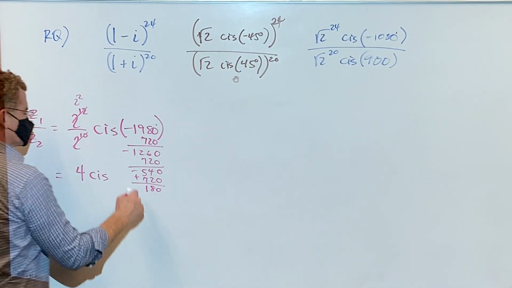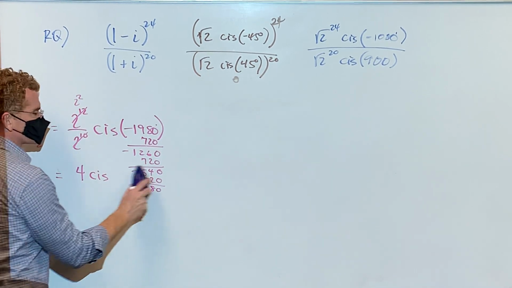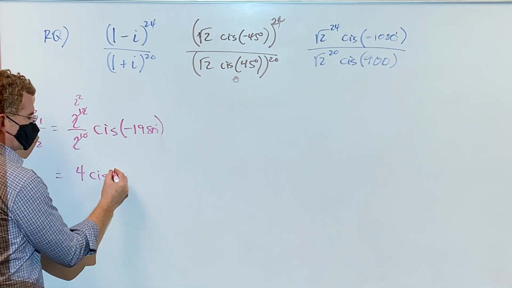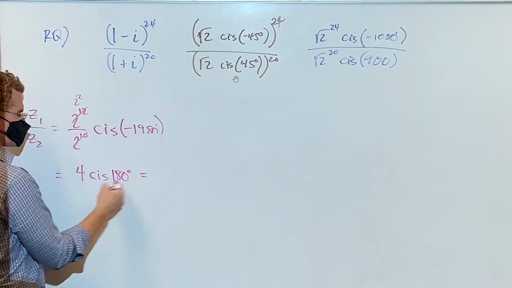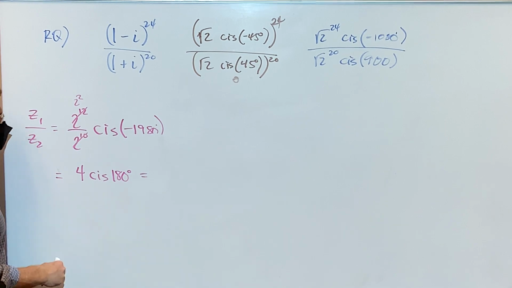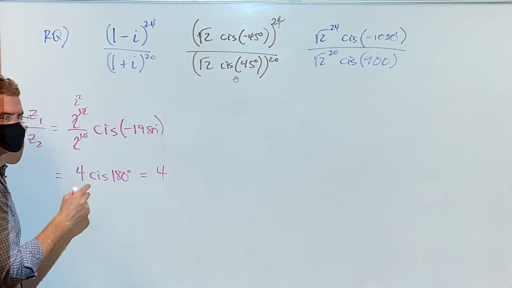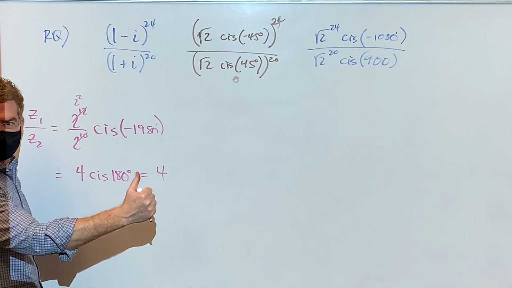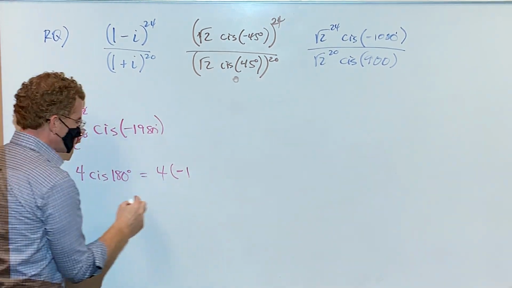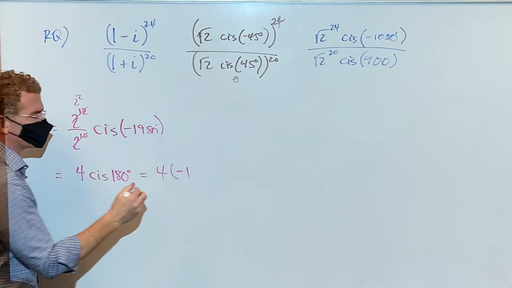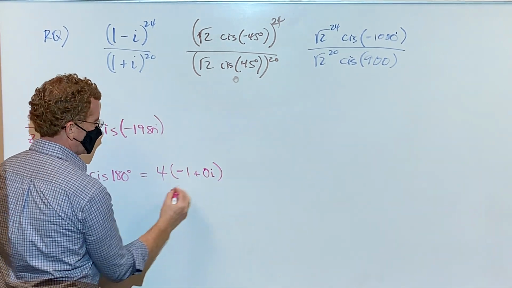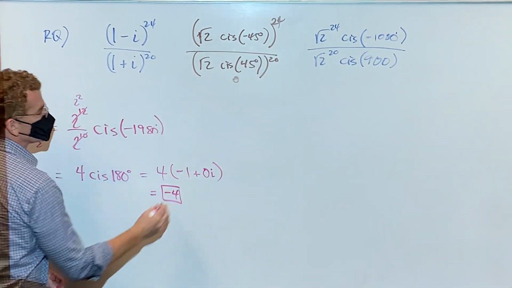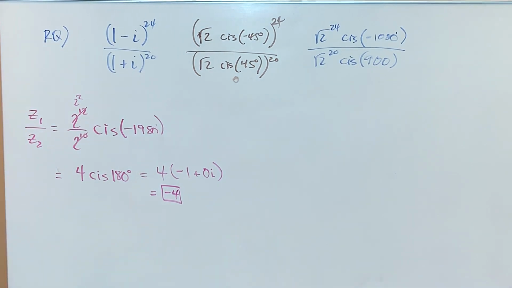So all of this is the same thing as 4 cis 180. And what is this if I simplify it all the way? 4 times the cosine of 180, which is negative 1, plus i sine of 180, which is 0, and I end up with negative 4. Are y'all seeing that?